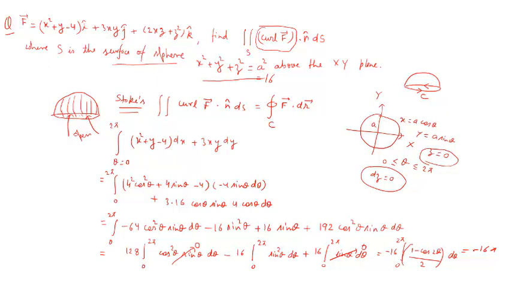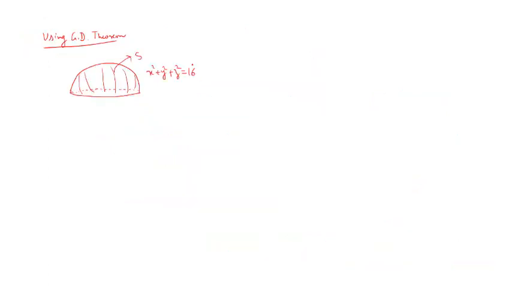Now, as asked, I will solve this problem with the help of Gauss Divergence theorem also. If we want to solve the given problem with the help of Gauss Divergence theorem, then we first have to make sure that we have a closed surface in hand.